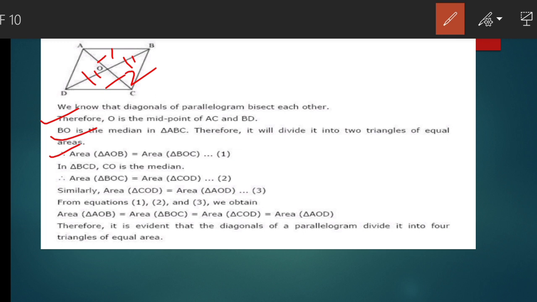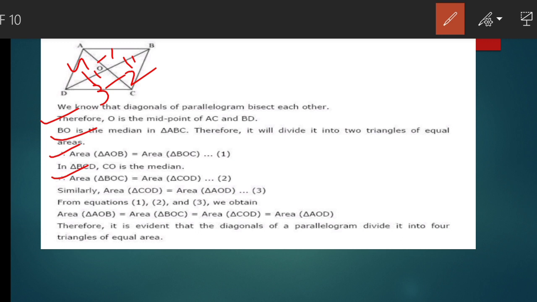Now we come to the line that OB is equal to OD. So OC becomes the median. When OC becomes the median, triangle 2 and triangle 3 are again equal. So area BOC is equal to area COD. Similarly, we will get AO is equal to OC, so OD is the median. When OD is the median, triangle 3 and triangle 4 are again equal.